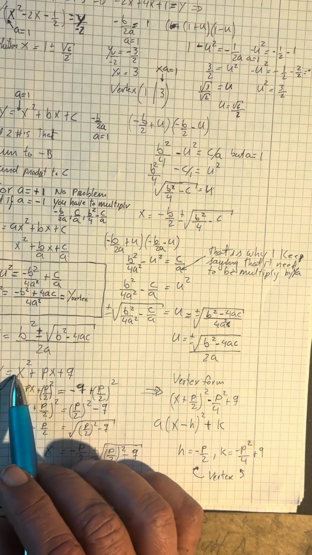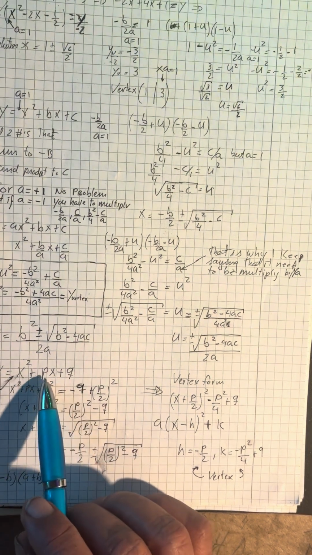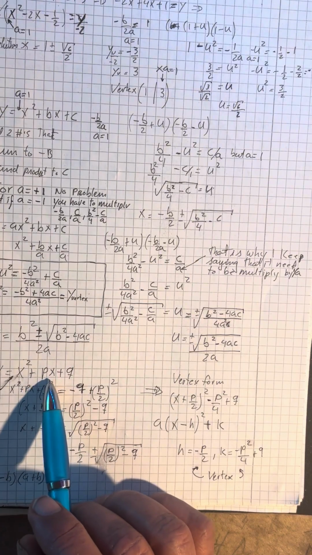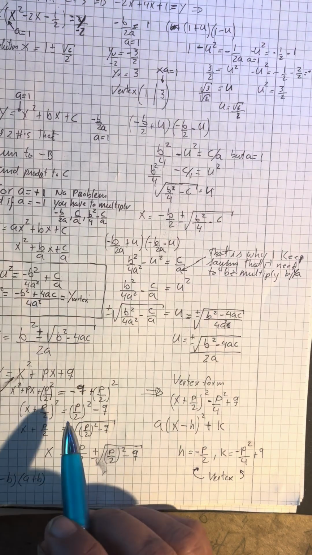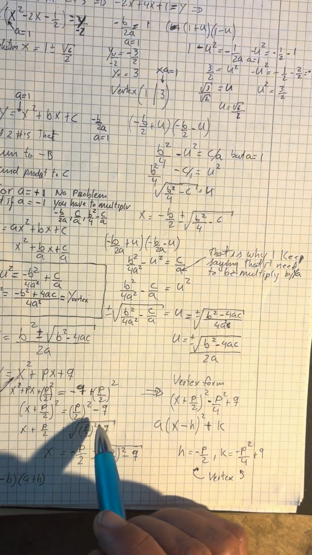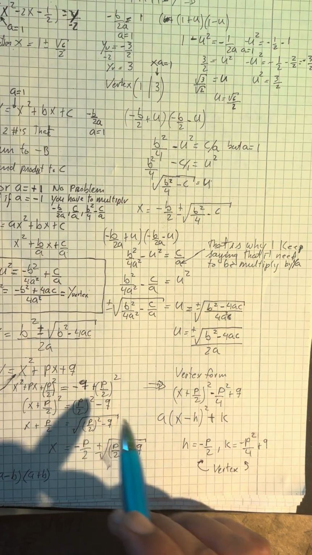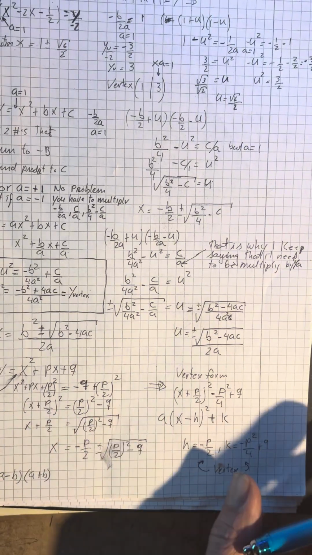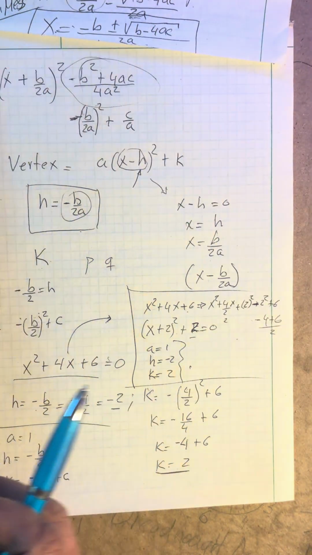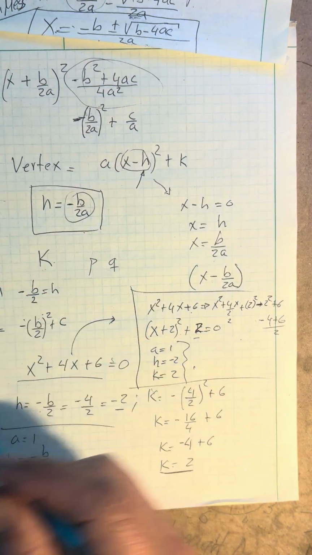So assuming automatically that a is 1, they use p instead of b and q for c. And when you do that, you can see that the formula is exactly the same. You can see that p divided by 2, which I have as b divided by 2.